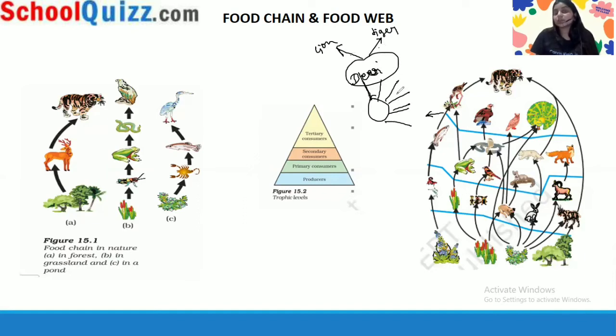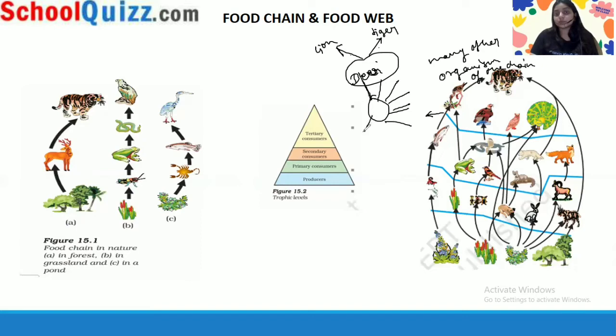Means for the food, there will be many organisms being eaten by many other organisms. Okay, so you can understand this.